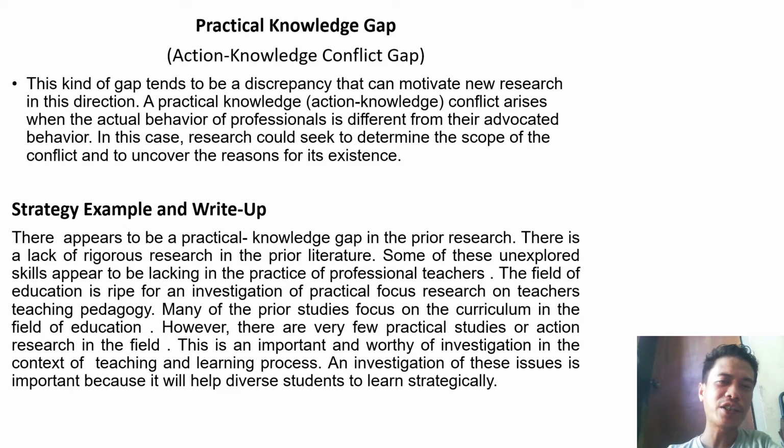Next, practical knowledge gap. This kind of gap tends to be a discrepancy that can motivate new research. In this direction, a practical knowledge or action knowledge conflict arises when the actual behavior of professionals is different from their advocated behavior. In this case, research could seek to determine the scope of the conflict and to uncover the reasons for its existence. I will give you an example.